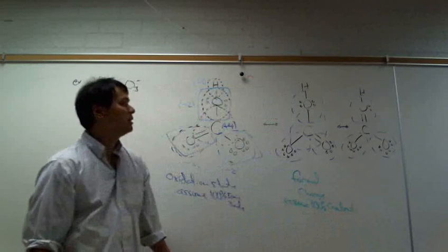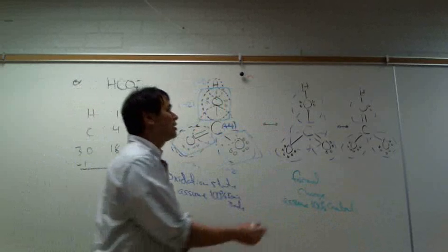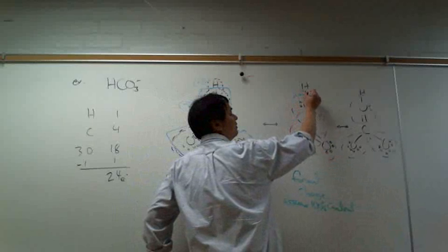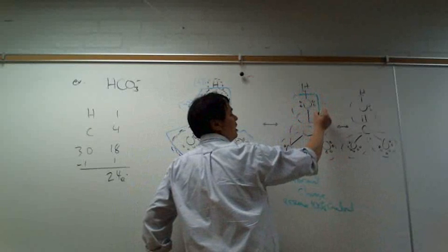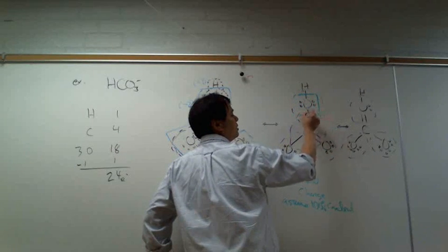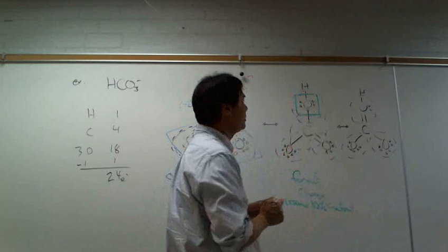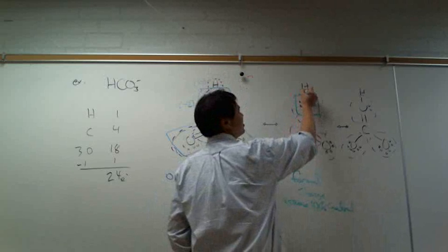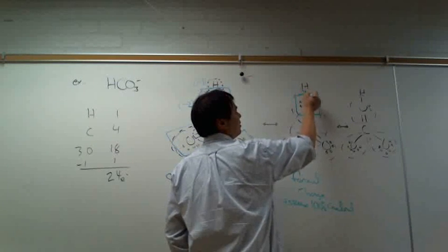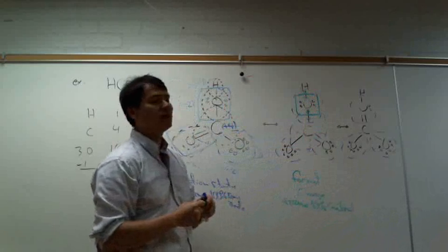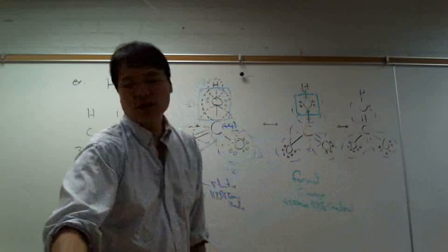Which means this: even though oxygen has more pull than carbon, we're still going to split it down the middle. One of the electrons in the bond ends up with hydrogen, the other ends up with oxygen. And so now we count the electrons.